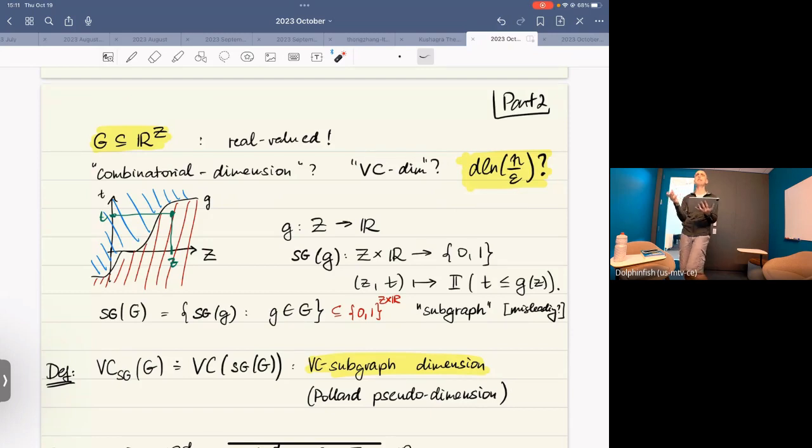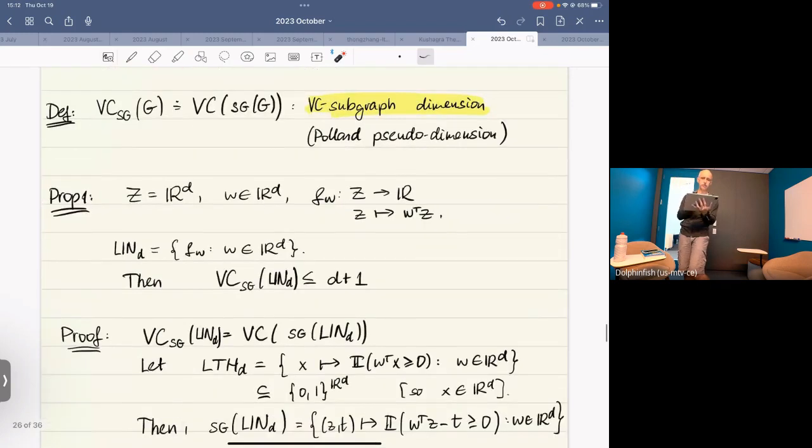So this is where we want to get to. We want to get to covering number bounds for guys like this, and we are developing this tool of VC subgraph dimension to get there, because sometimes this is a useful tool. And in particular, it's a useful tool when you see things like the linear class. If you see the linear class, then you know that its VC subgraph dimension is d plus 1.